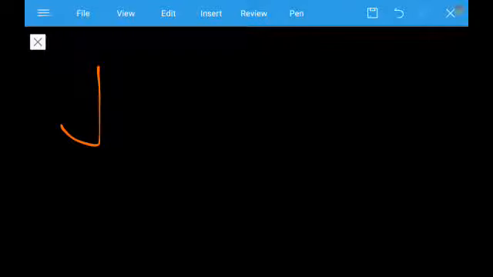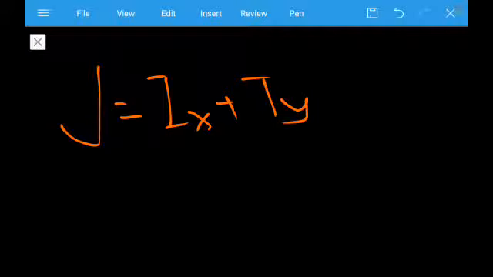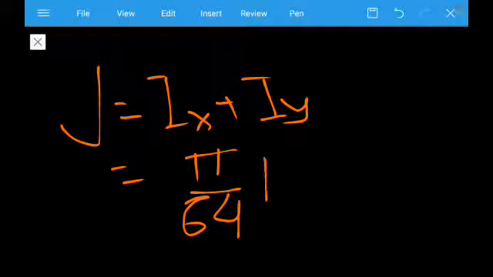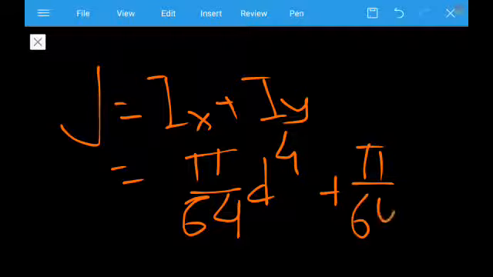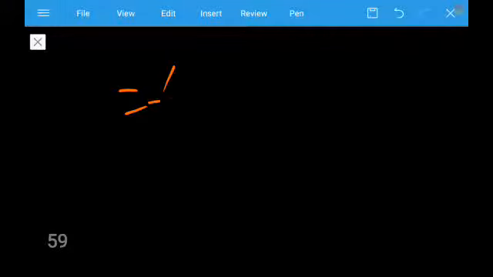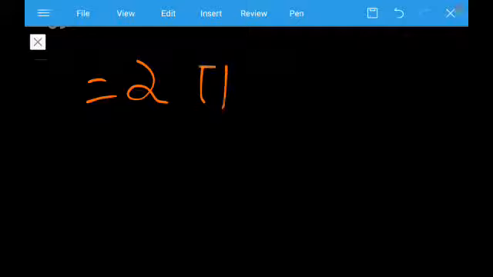Now the polar moment of inertia is Ix plus Iy, which is pi upon 64 d to the power 4 plus pi upon 64 d to the power 4, which equals 2 times pi upon 64 d to the power 4.